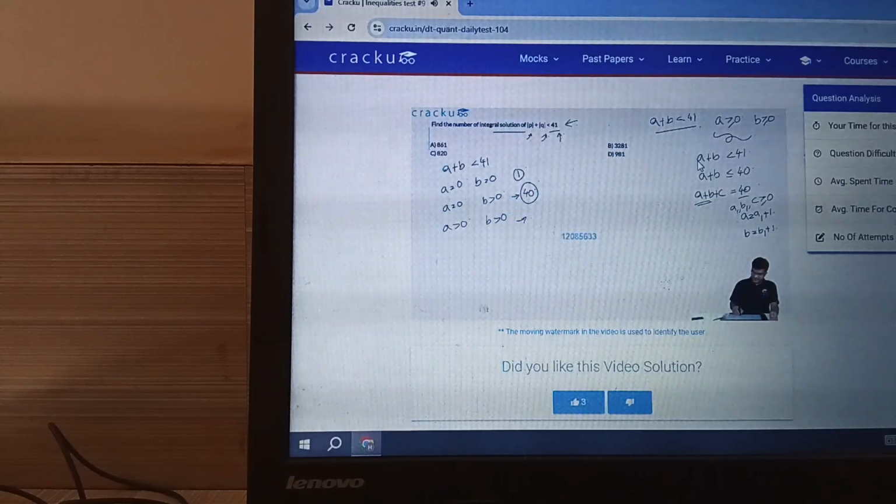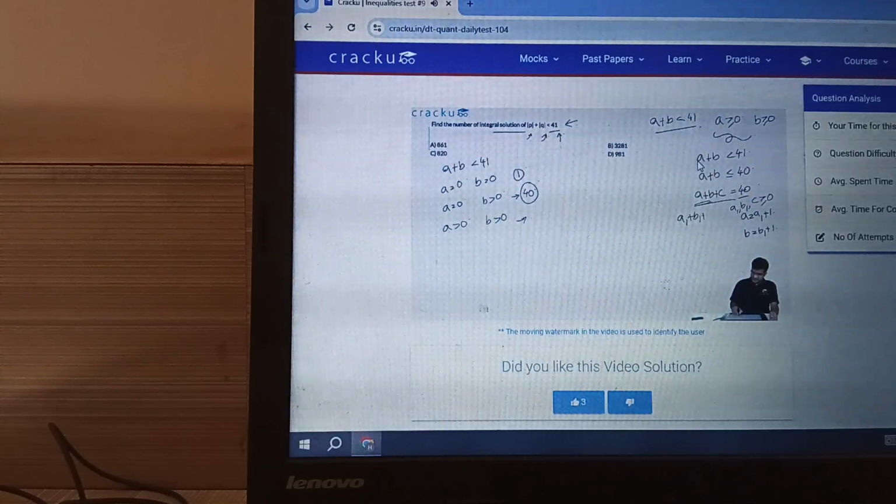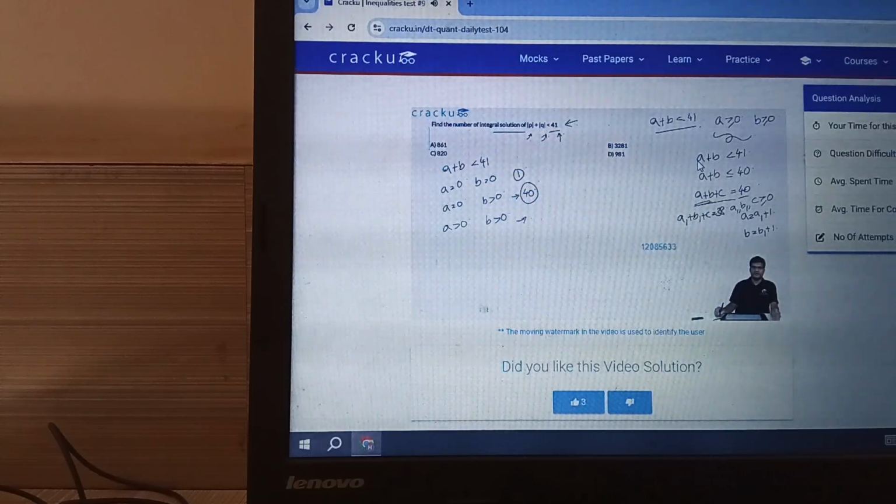The equation transforms into a1 plus b1 plus c is equal to 38, with all three variables non-negative integers.